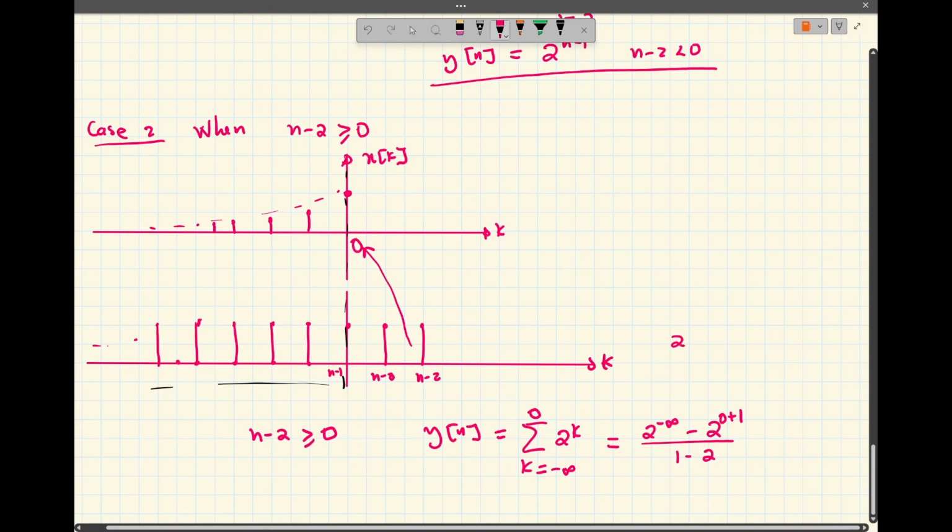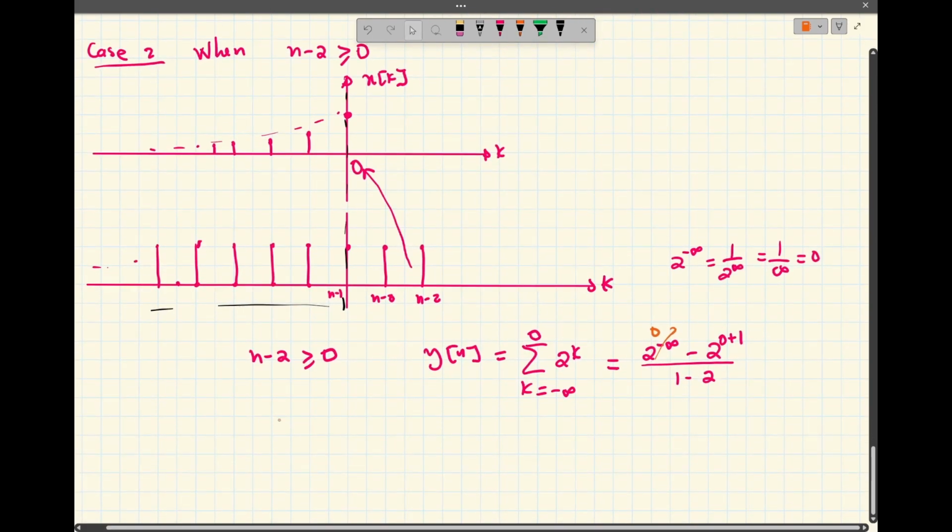We know that 2 to the negative infinity is 1 over 2 to the infinity, which is 1 over infinity, which is 0. So for this case, n minus 2 bigger or equal to 0, y of n is equal to 2 to the 1, which is 2.